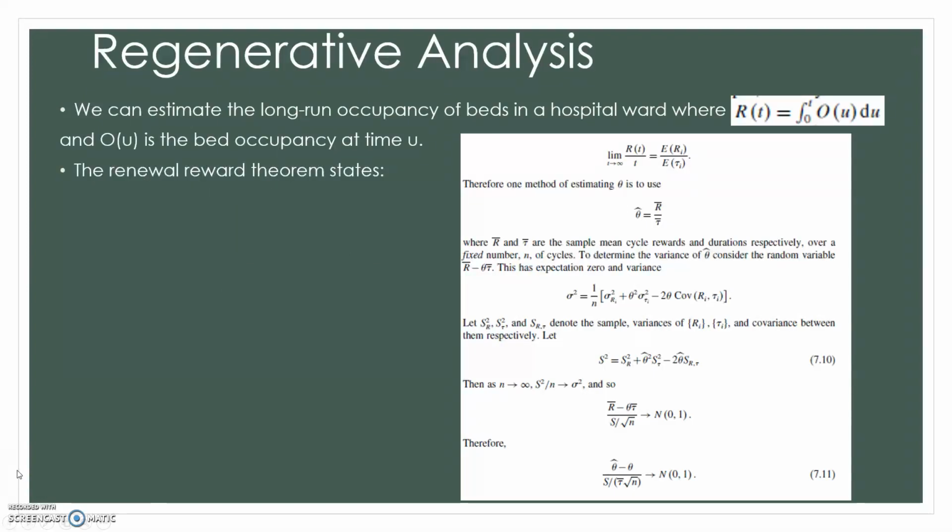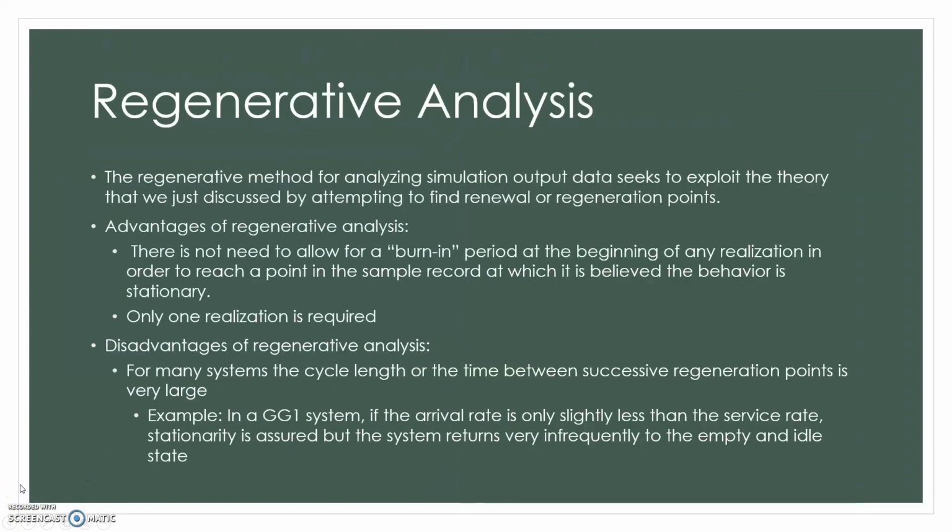So we can estimate the long-run occupancy of, for example, beds in a hospital ward, where R equals this equation here, and O(u) is the bed occupancy at time u. Over here we have the renewal reward theorem. This is pretty long, so I'm not going to go through it all. You can pause and look through this if you'd like, but I'm just going to keep going here.